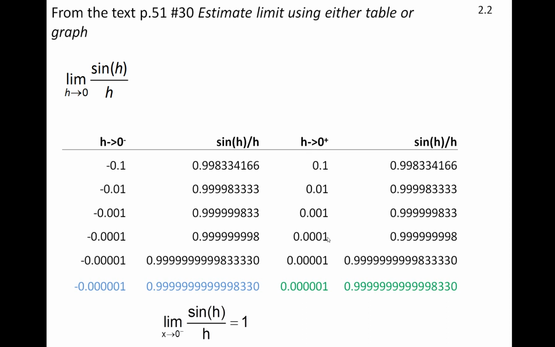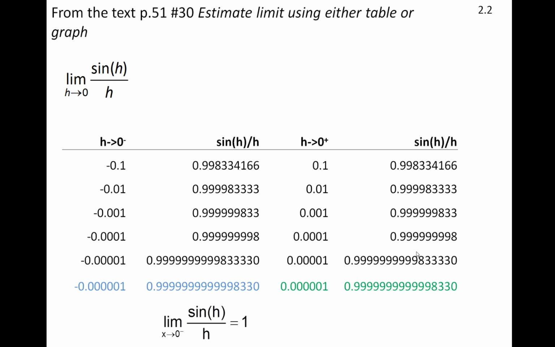Similarly, if we look at a sequence of points that are getting close to 0 but strictly larger than 0, we see the image of those points mapped through this function, sine h over h. These are also getting as close to 1 as we want. And in fact, sine h over h is an even function, so these values exactly agree with each other.